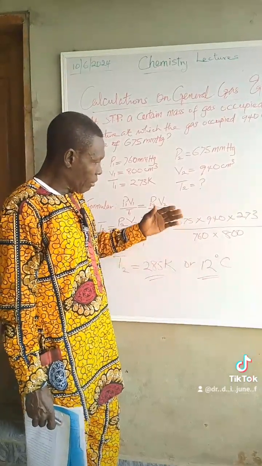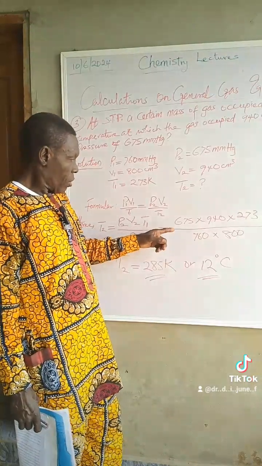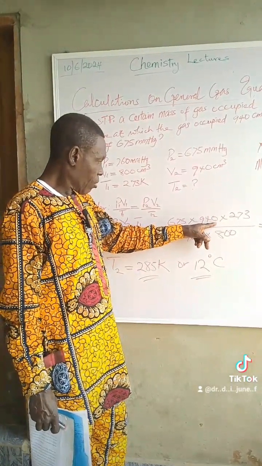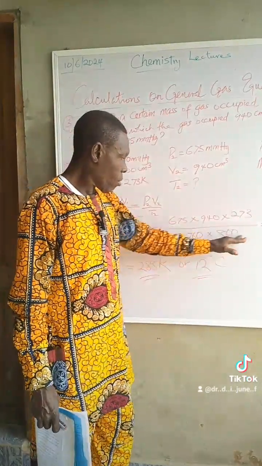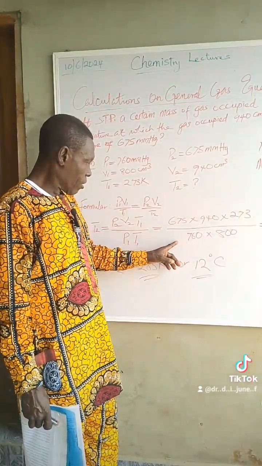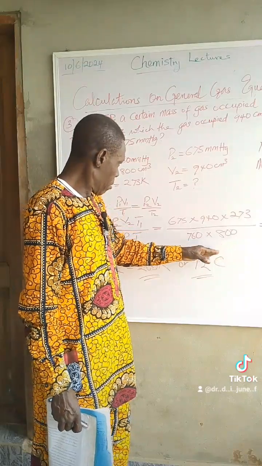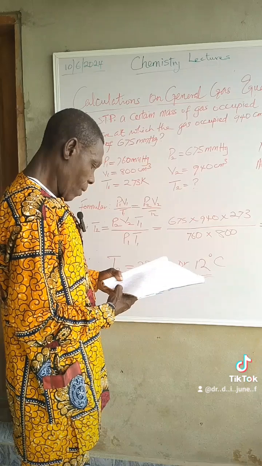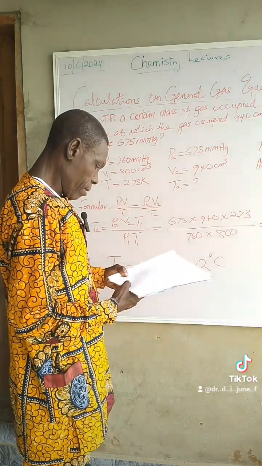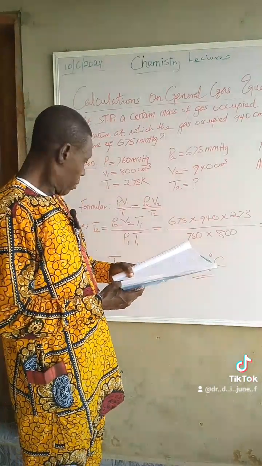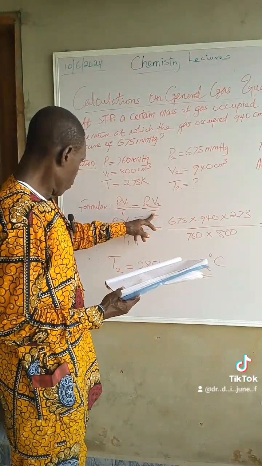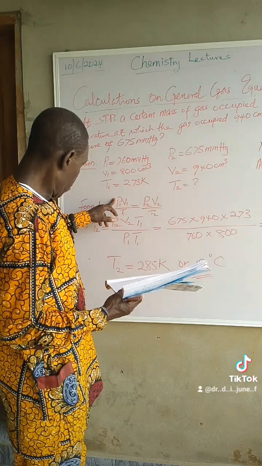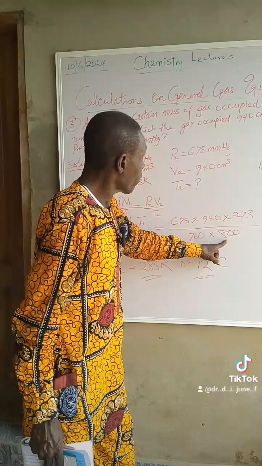So substituting the values into this equation, your P2 is 675, your V2 is 940, your T1 is 273, all over your P1 which is 760, and your V1 is now 800, which is here.